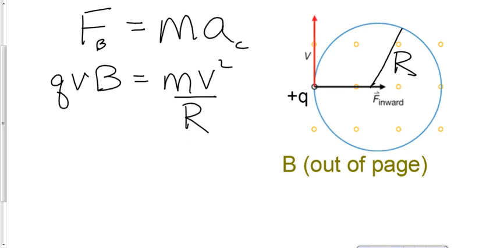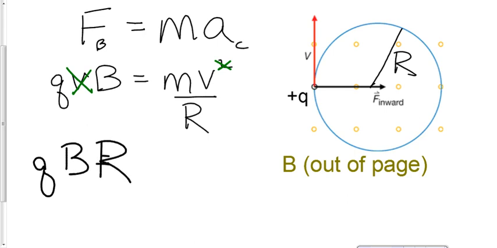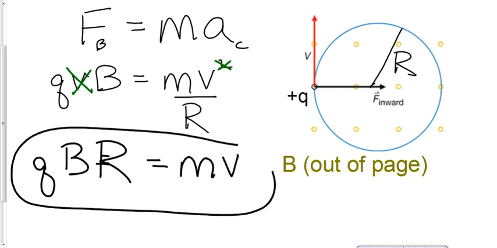And so what happens very nicely here is we have a v on this side that will cancel out one of the v's on this side, and then with a little bit more algebra, here's the relationship: qBR equals mv.